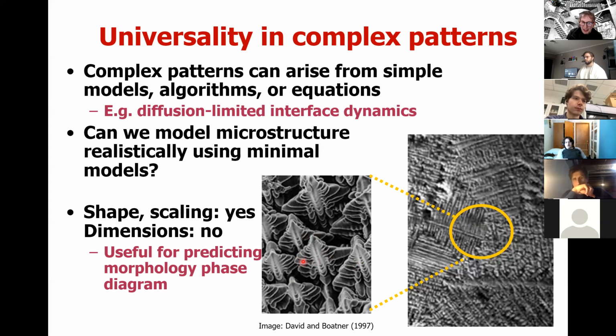These things are called dendrites. I can make dendrites on the scale of microns or smaller. I can make dendrites which are this big, in a different kind of experiment, in a different setting. So the shape is the thing that is important. The dimensions are not important.